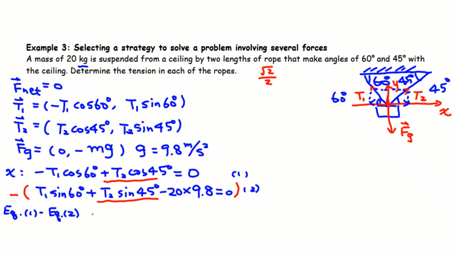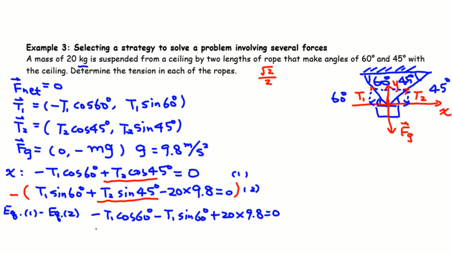So negative T1 cosine 60 degrees minus T1 sine 60 degrees. T2 cosine 45 and sine 45 are equal, so minus gives you 0. Then minus negative 20 times 9.8, it will be plus 20 times 9.8, equals 0.